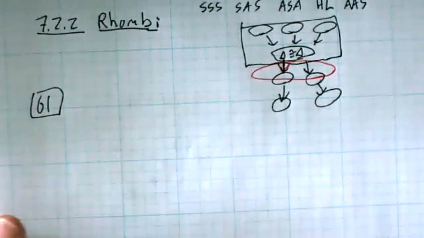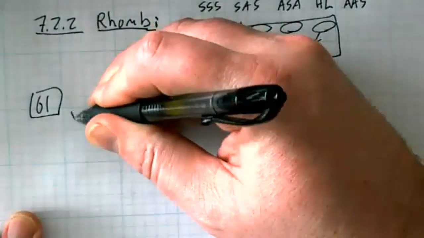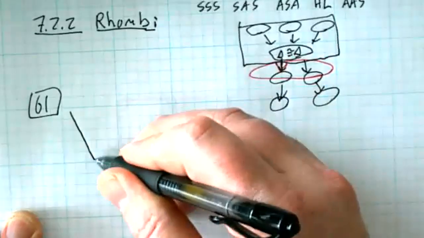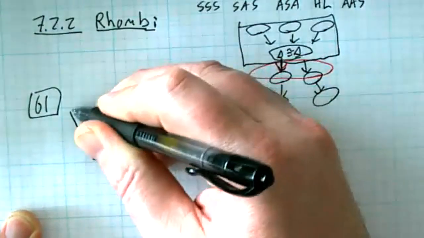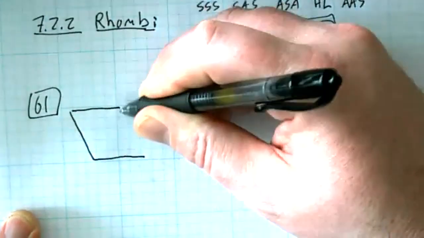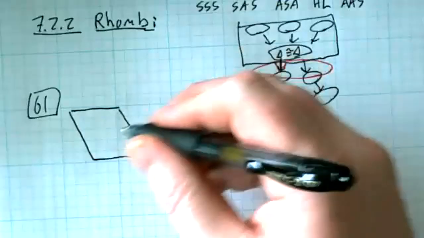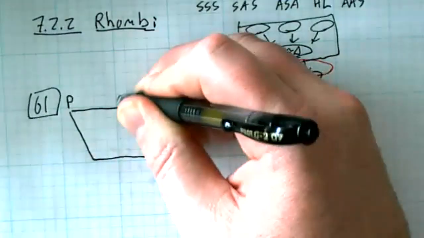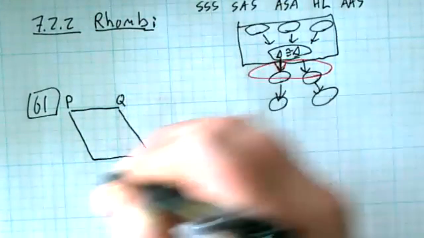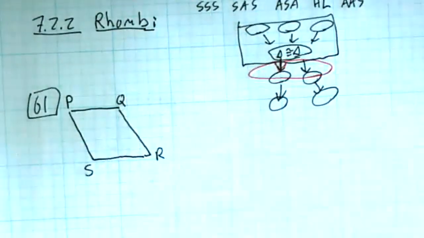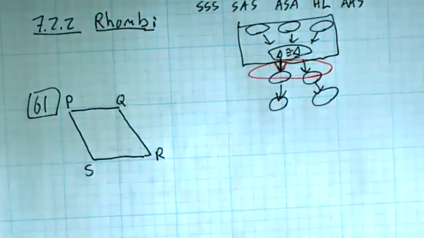All right, 61, you can read about Audrey there, but Audrey's working with the rhombus. We're definitely going to want to get those drawn in our notes. So go ahead and copy that down with me, please. And let's label our vertices P, Q, R, S. Mine does not look that much like a rhombus, but it's all right.